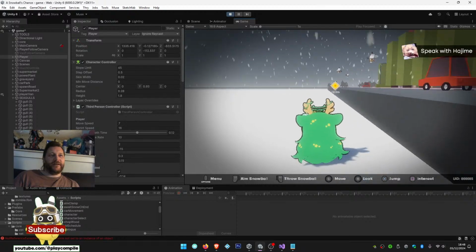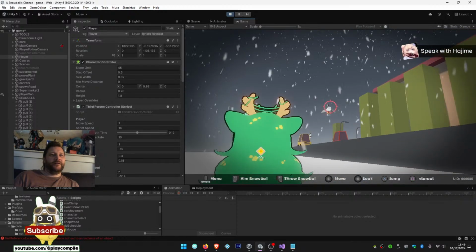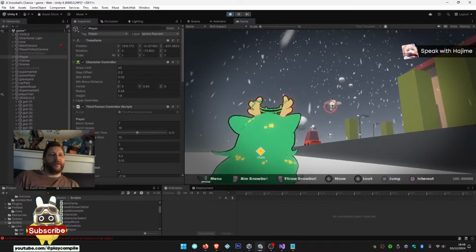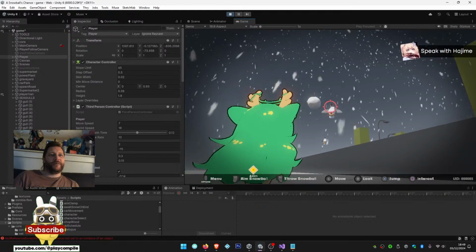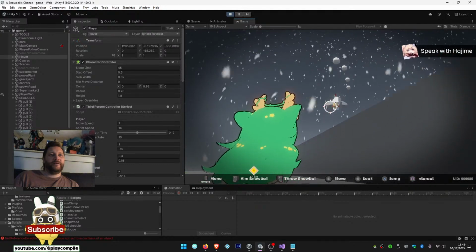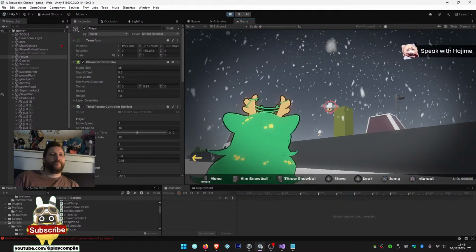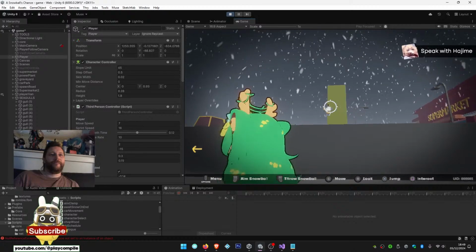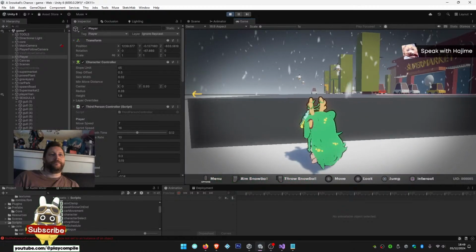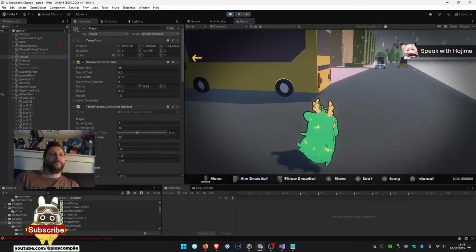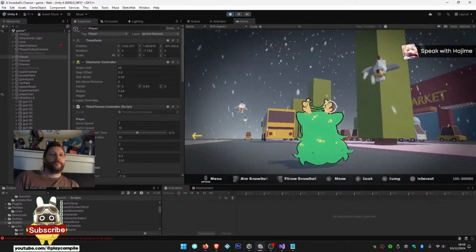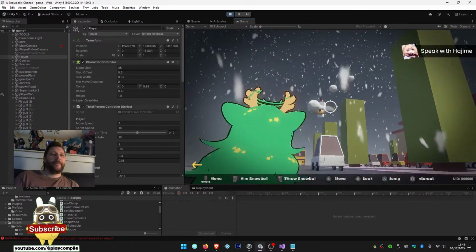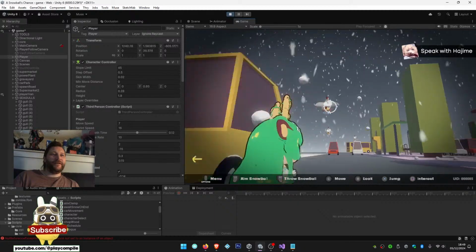Their target center affects where the snowball aims. I might be able to line it up slightly better. I haven't hit a single one yet.